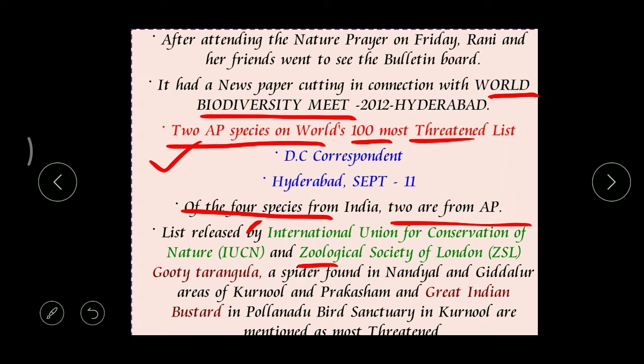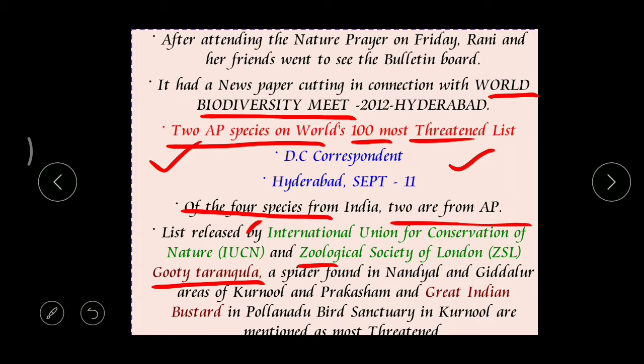So these 2 organizations prepared the threatened list, and in that list, 2 species are from our state, that is AP. Now let's see what those 2 species are. The first one is the Guti tarantula.